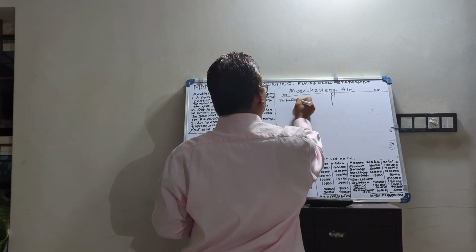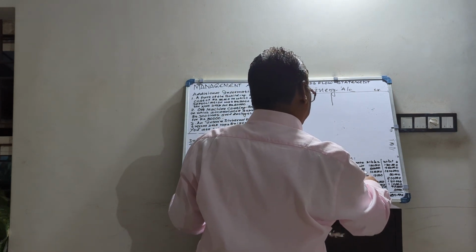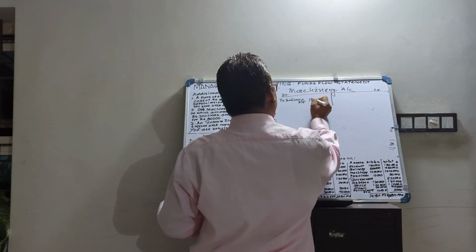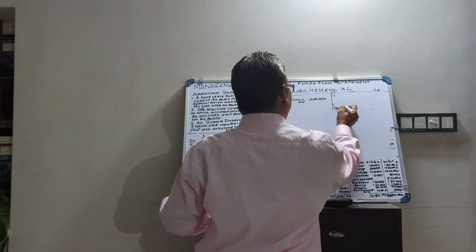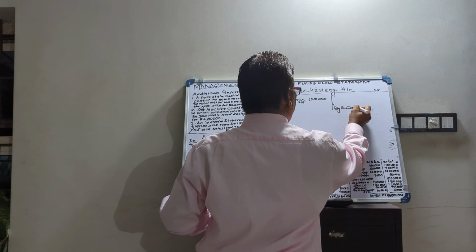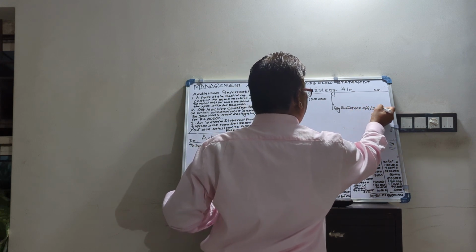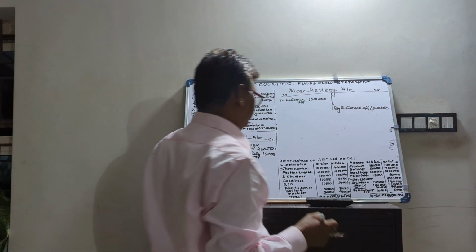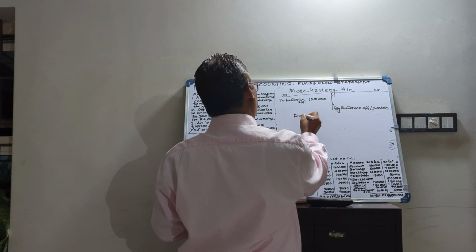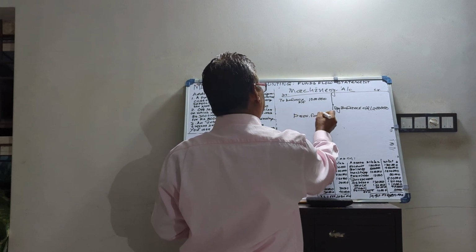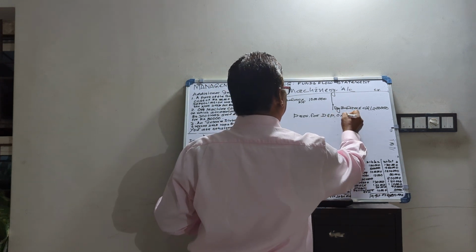It is given 10 lakh. So we write 10 lakh. On the closing balance it is written 12 lakh. So write by balance carried down 12 lakhs. Then another is provision for depreciation on machinery account.